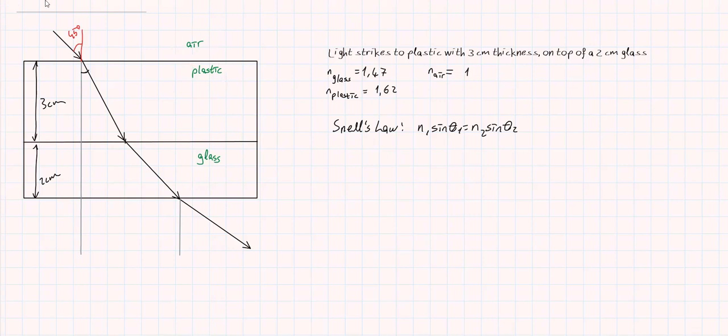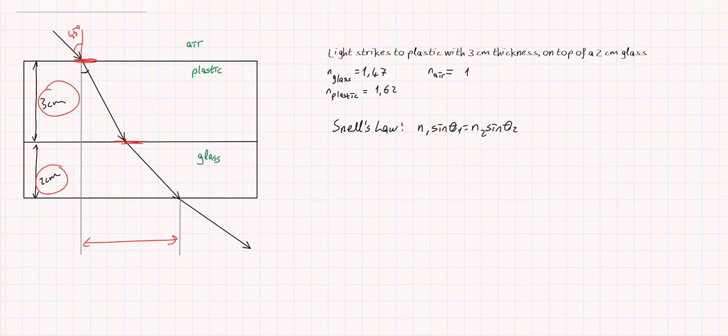Light is incident from air with an incidence angle of 45 degrees and strikes the plastic surface. The plastic layer has a thickness of 3 centimeters, and the light propagates through the plastic and then hits the glass surface with a thickness of 2 centimeters. And it asks for this distance, the distance between the first contact and the last contact, let's say.